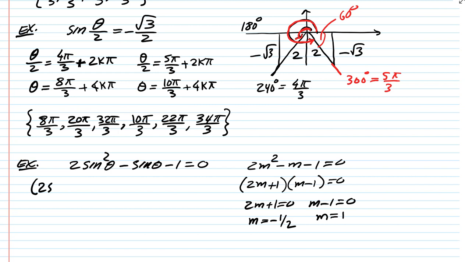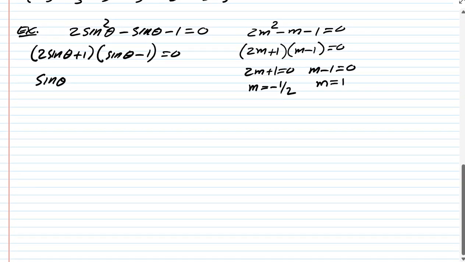I'm going to factor this as 2 sine theta plus 1 times sine theta minus 1 equals 0. And then we can solve this by the zero factor property. Therefore, sine theta equals negative 1/2, or sine theta equals 1, just like the m version of it.